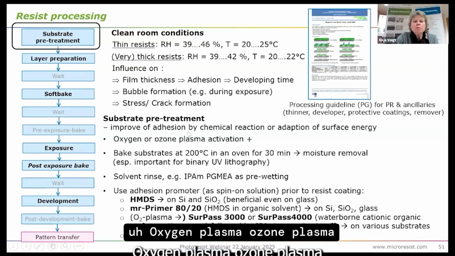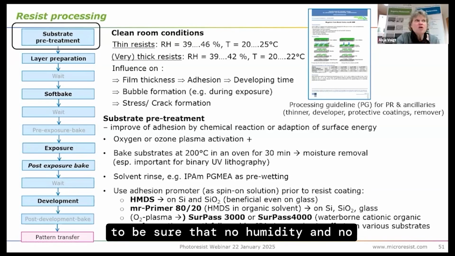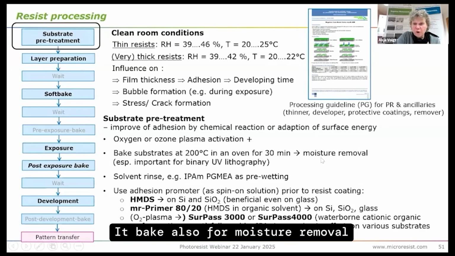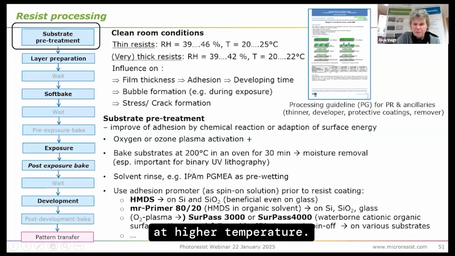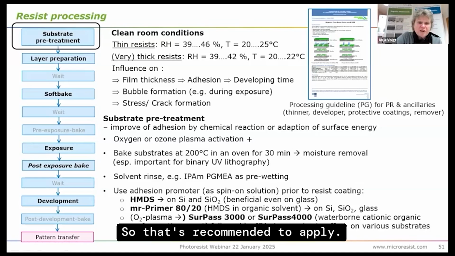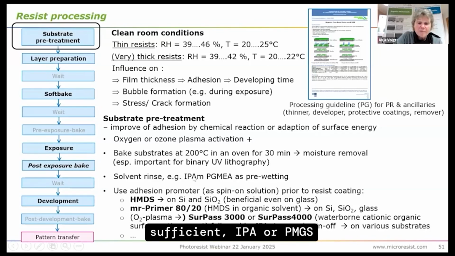Oxygen plasma or ozone plasma activation is recommended to be sure that no humidity and no organics are on top. A bake for moisture removal at higher temperature is also recommended. Sometimes a solvent rinse is sufficient, IPA or PGMEA as pre-wetting.